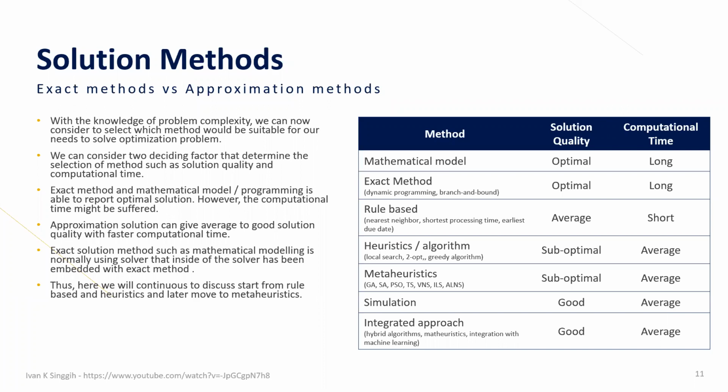The next part is about solution methods. With the knowledge of problem complexity that you learned earlier, we have two types: algorithm complexity with big O notation. From those algorithms, you can check whether your problem can be solved within polynomial time or not. If it is, you can consider it a P problem, or polynomial problem.